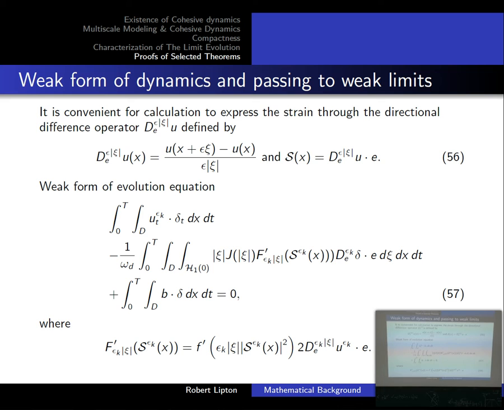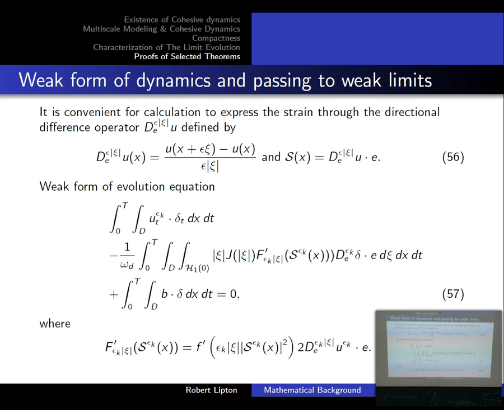Now the key here is that this force, the peridynamic force, is given by f prime, and then inside is this, so this is the derivative of S of w. This is still the derivative of the bond potential with respect to strain. And now what we'd like to do is send epsilon to 0 and see what we get.